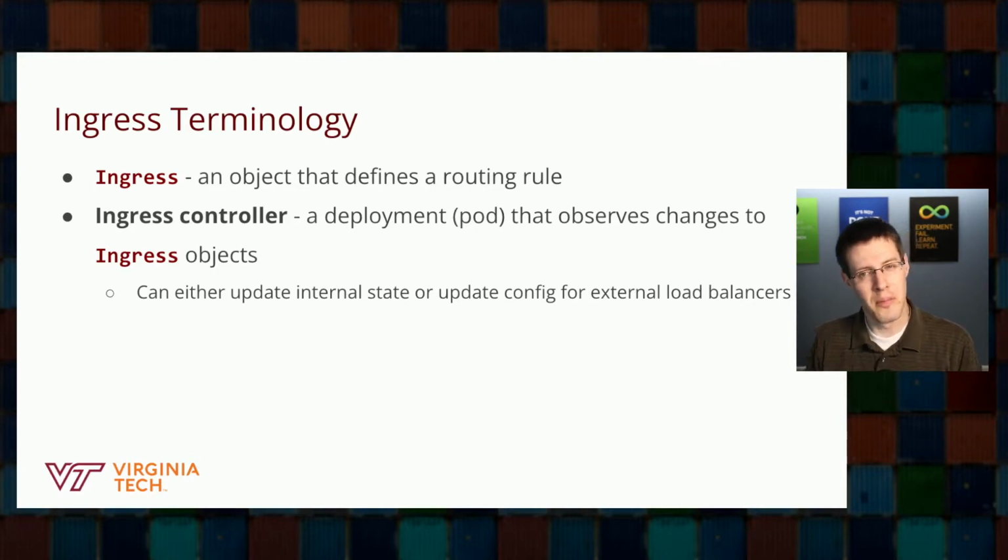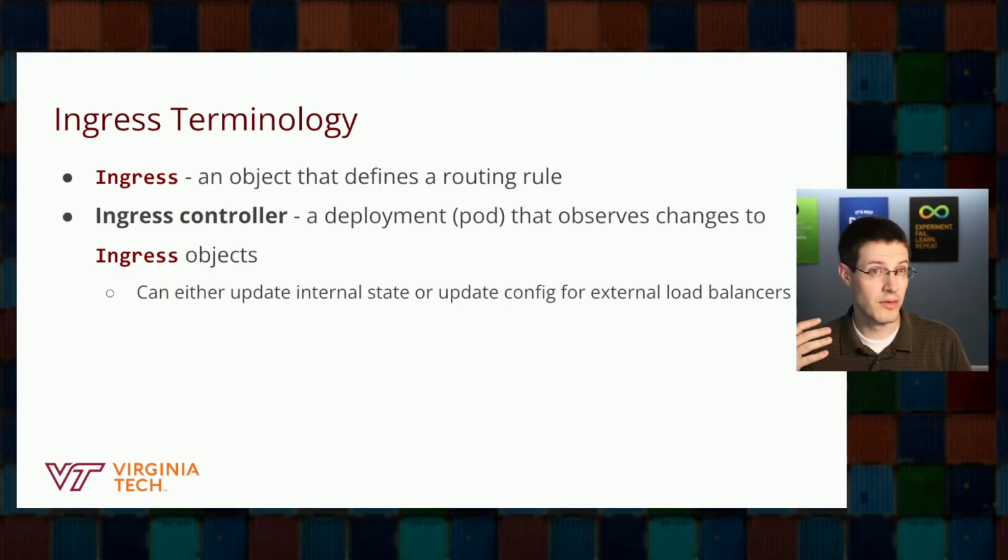That's great. But we actually have to deploy something that is watching those objects be created, destroyed, updated, etc. And that object is what we call an Ingress controller. So it's a deployment of some sort that watches for those changes and then configures our environment.